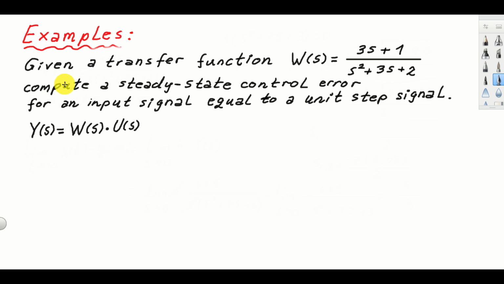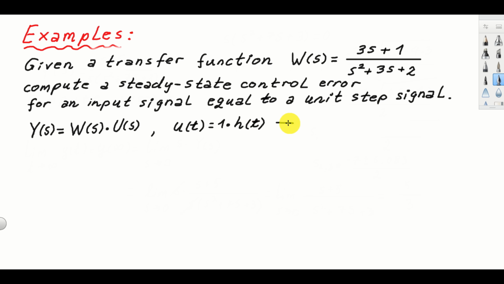If we read the problem carefully, you can see that it is assumed that the input signal is a unit step signal. In the time domain, the unit step signal is usually denoted like this: 1 multiplying h(t), where h(t) is the so-called Heaviside function.